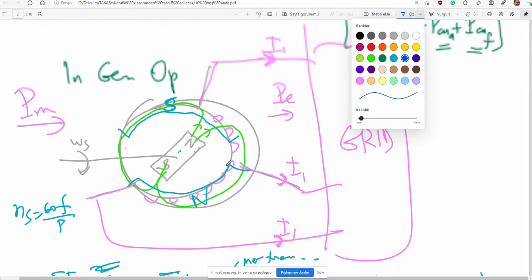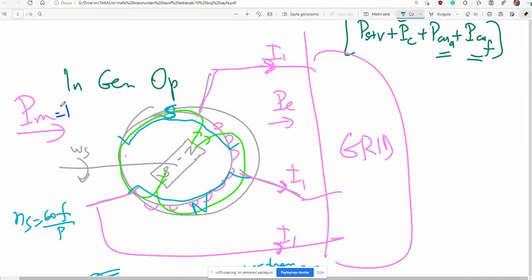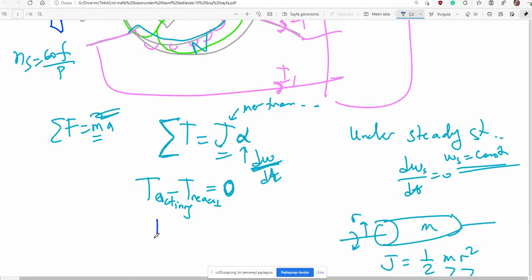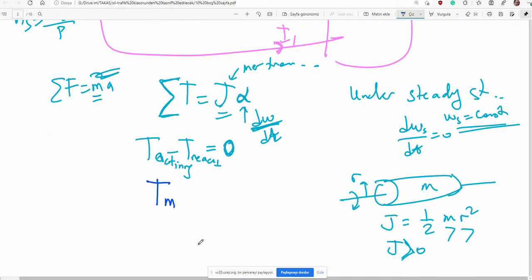Acting, this guy is a generator, that is the torque coming from the prime mover. Here's a turbine, for example, called the prime mover, ana tahrik makinesi. So mechanical torque coming from the prime mover minus the electrical torque, that is the torque induced and converted in the armature.